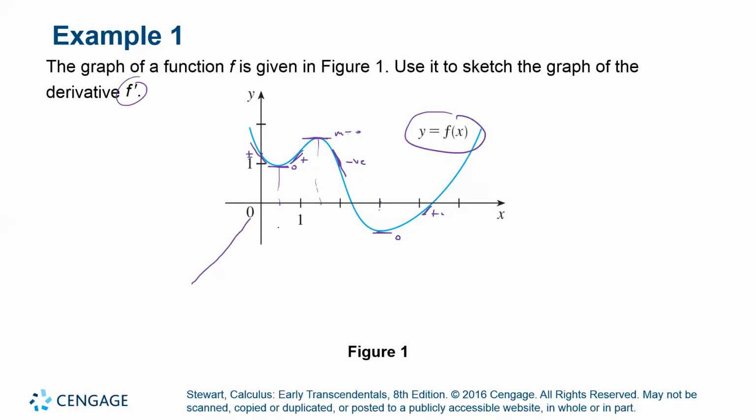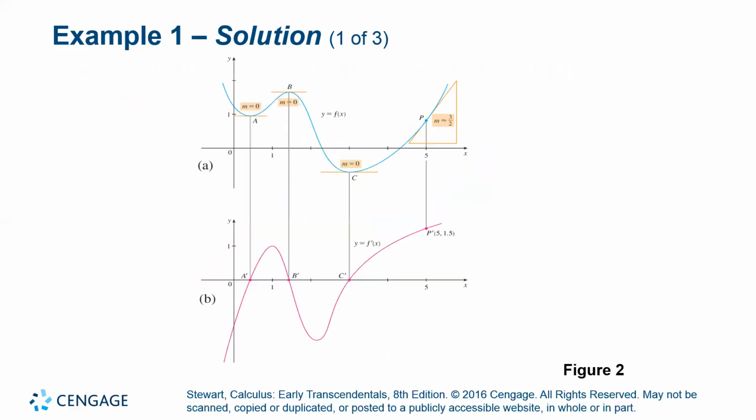So we have this together. When I have this point, remember, the slope of the tangent is negative, so it lies below. It's going to go like this and come all the way.